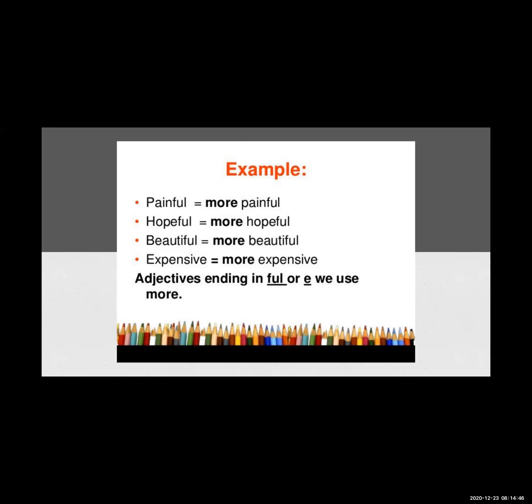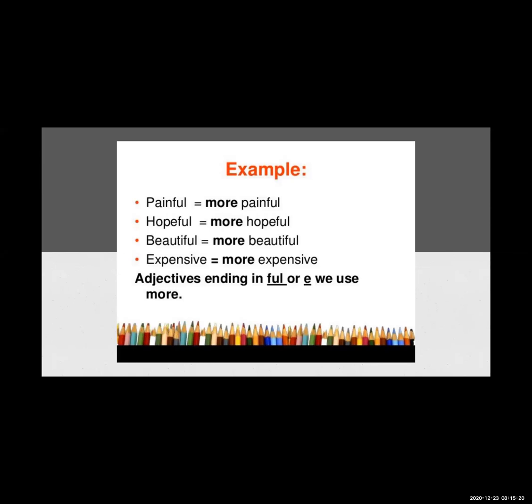So for adjectives ending in ful or e we use more. Now e means how? Expensive. Like the word expensive, the last alphabet is e. Because of that we use more expensive. I cannot say expensiver, it is incorrect. So expensive will become more expensive, beautiful will become more beautiful.